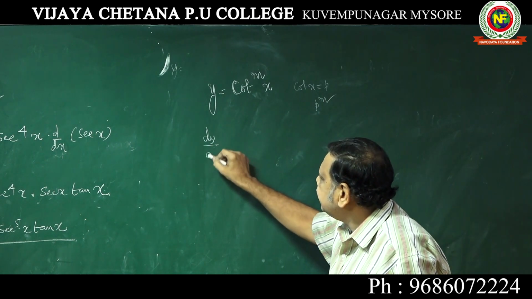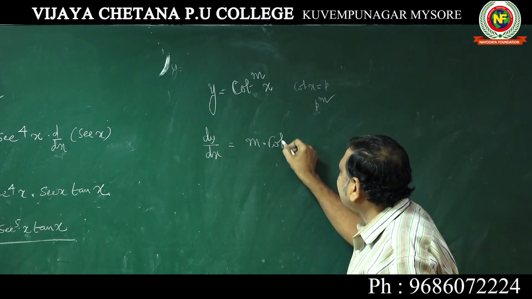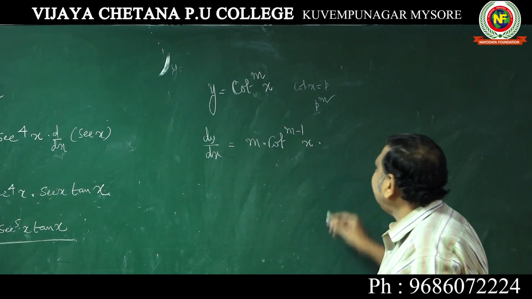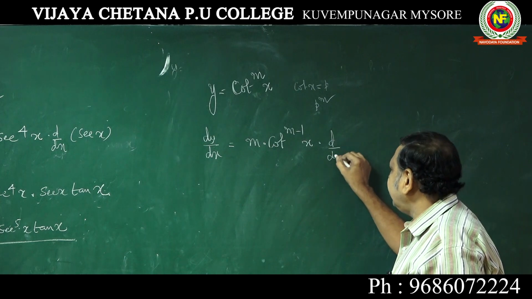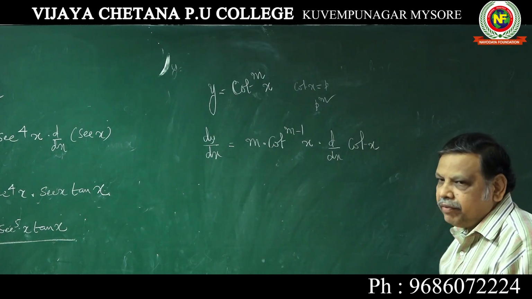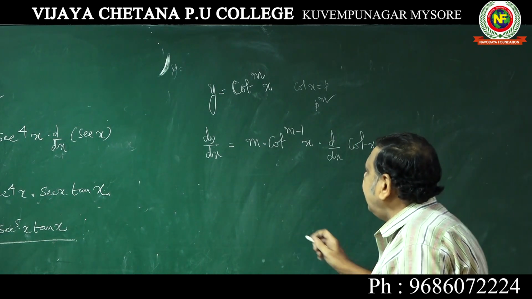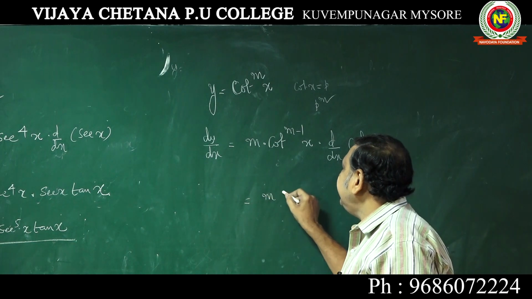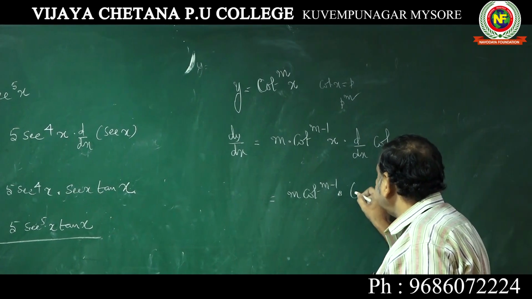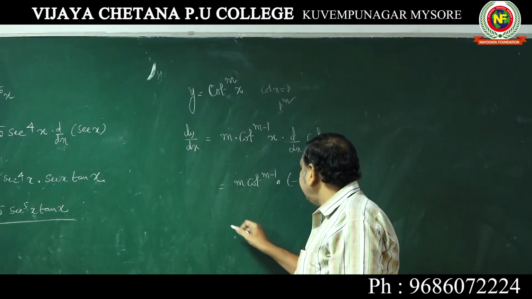So dy by dx is equal to m into cot to the power of m minus 1 x into d by dx of cot x, and d by dx of cot x is negative, minus cosecant square x.